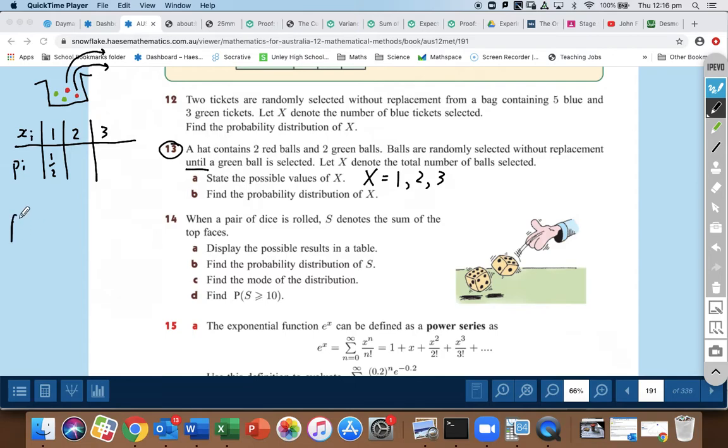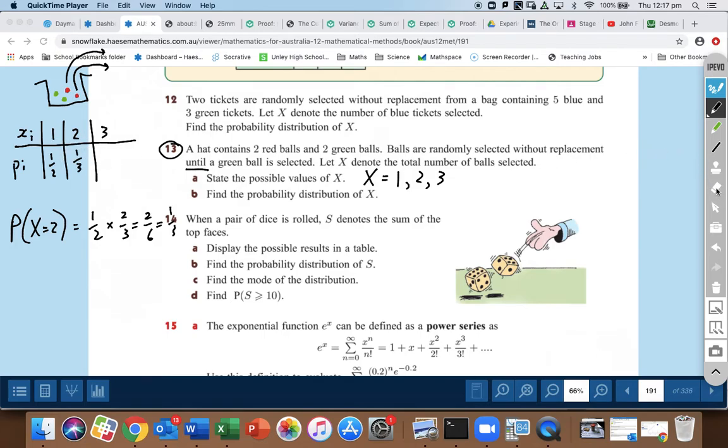So the probability that the variable is 2 for 2 draws, well, there's a half probability that I got a red on the first one, and then I'd have to multiply that by the probability of getting a green on the second draw, that's 2/3, which makes 2 out of 6, which equals a third, okay? So that probability there is a third.